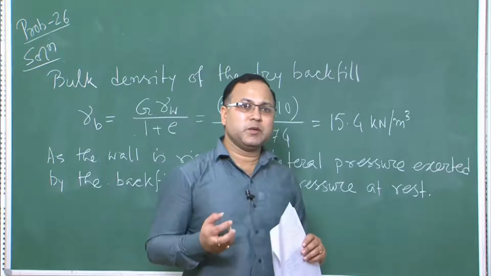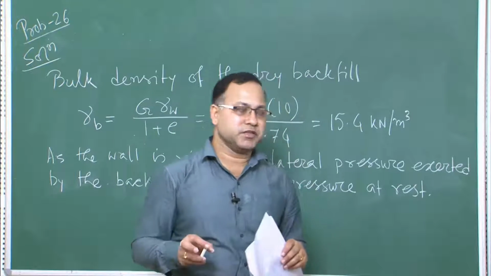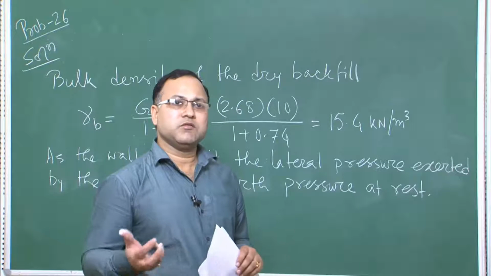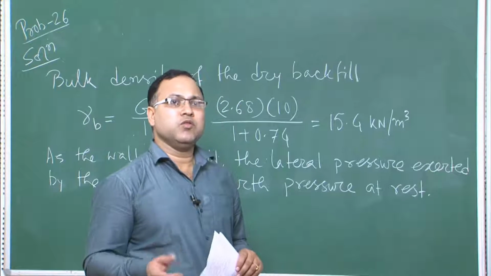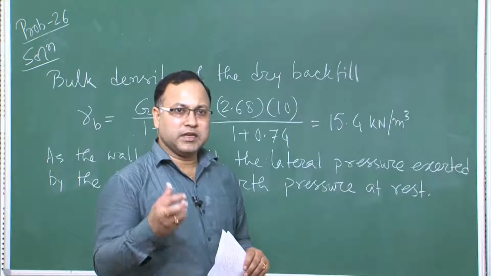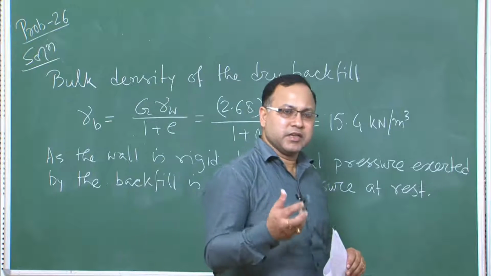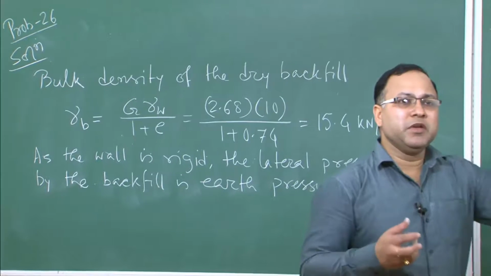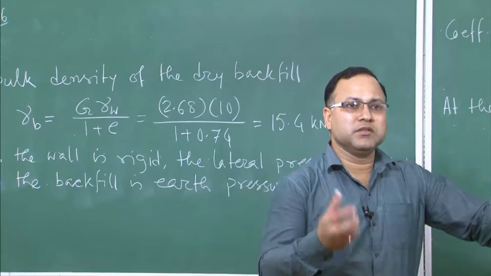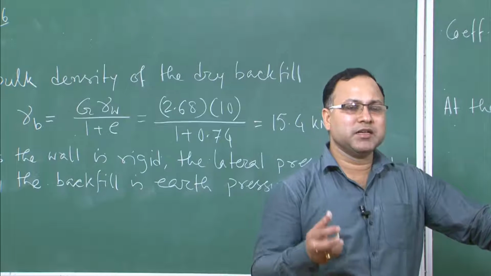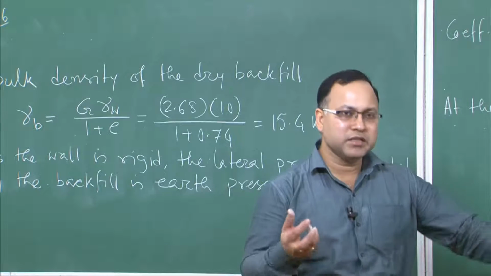So, therefore, whatever pressure you will be getting, that is earth pressure at rest condition. So, at top of the wall, what will be the pressure? That is P naught is equal to K naught into Z, basically that is nothing but earth pressure at rest condition. So, coefficient of earth pressure at rest condition is K naught. So, the P naught is equal to K naught into Z. So, at Z equal to 0, that earth pressure at rest condition or the lateral pressure is simply 0.